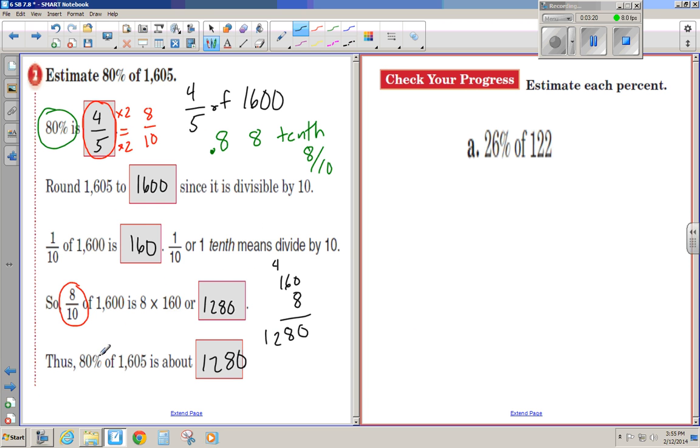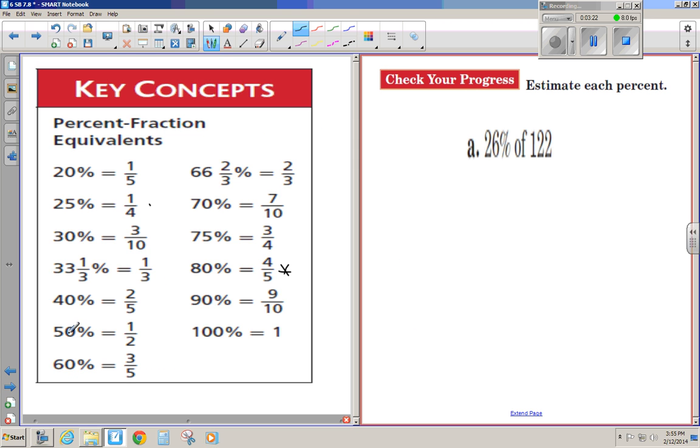So let's estimate this. 26% is about 25. So round 26% to 25%, which is 1/4. And since we're looking at a 1/4, take 120. And if I looked at the first two numbers, 12 is easily divisible by 4.